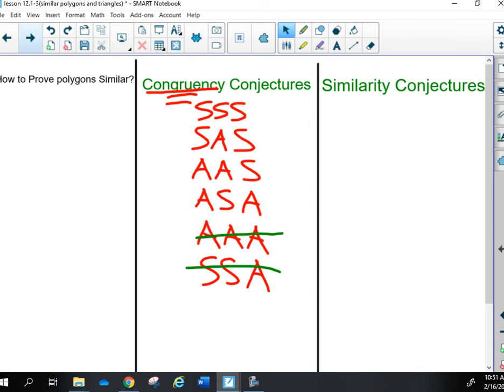Instead, you can still prove that these polygons, these triangles, now these are only when you have triangles, you're going to be able to prove these triangles are similar. When you have polygons, you've got to get all the sides, you've got to get all the angles. I have a little video here for you.